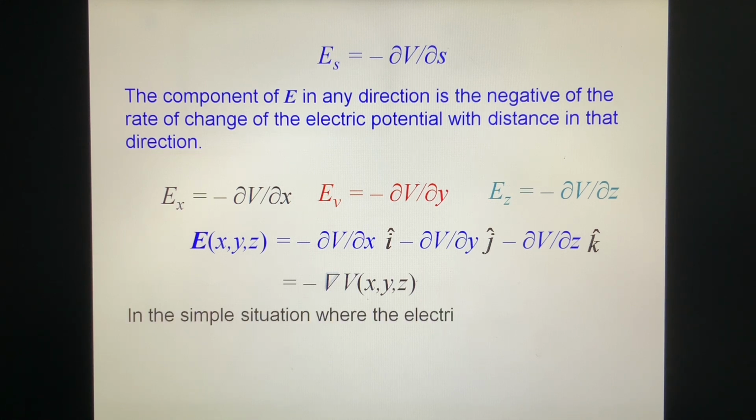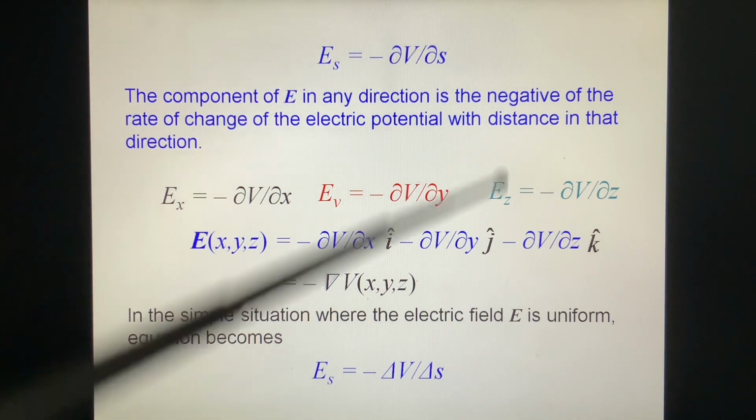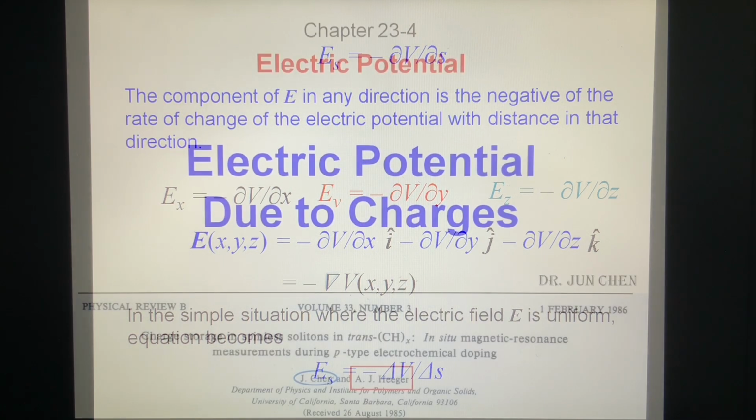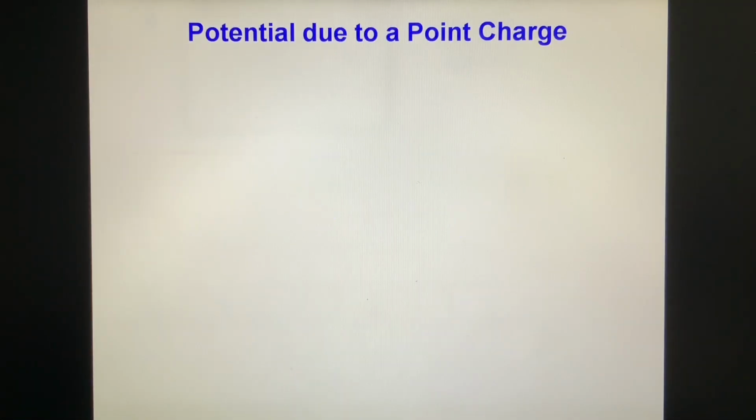In the simple situation where the electric field E is uniform, the equation becomes Es equals minus delta V over delta S. Now, electric potential due to charges. Potential due to a point charge.